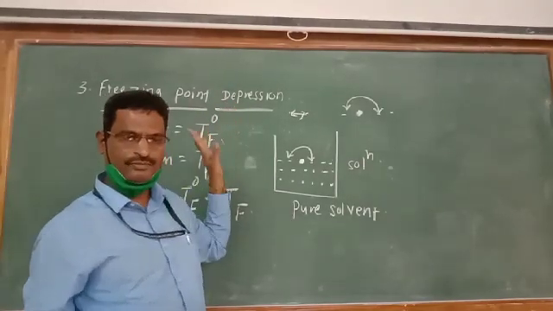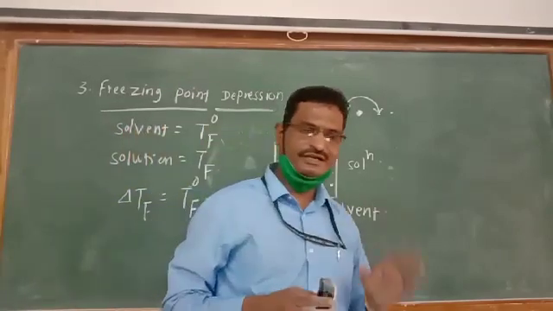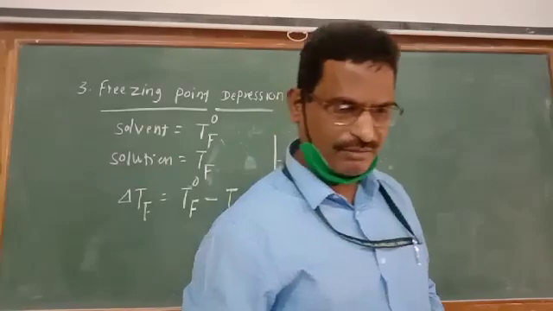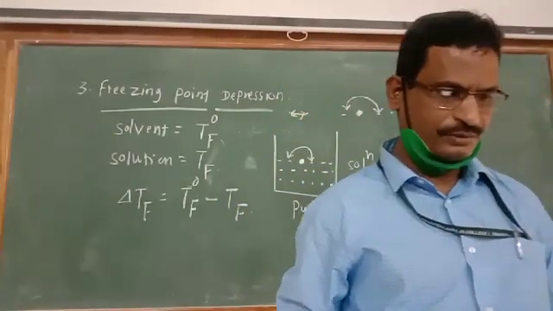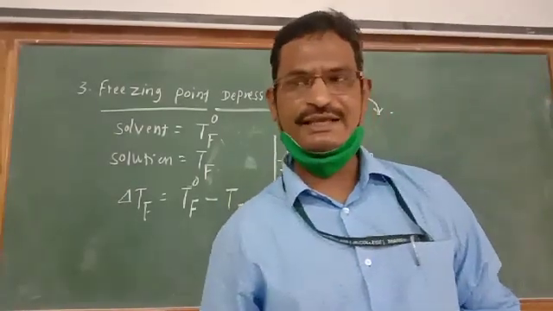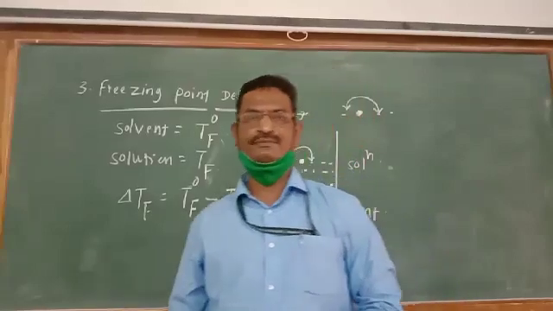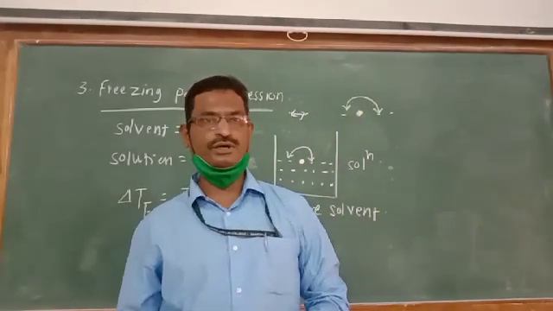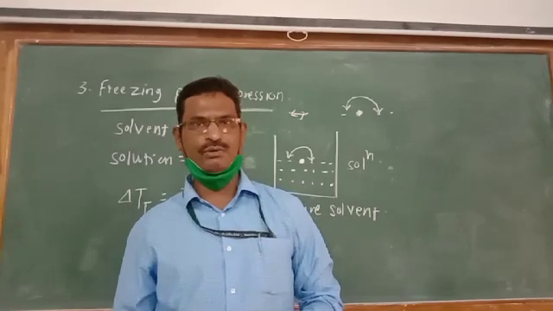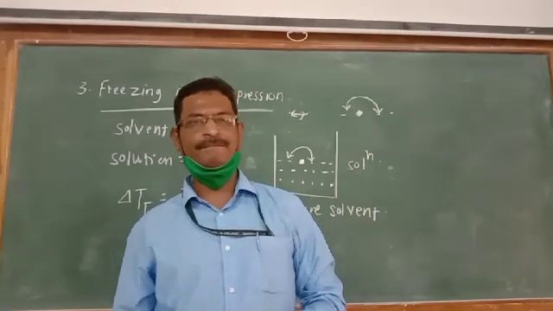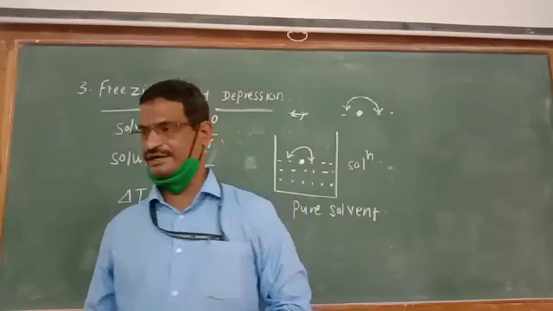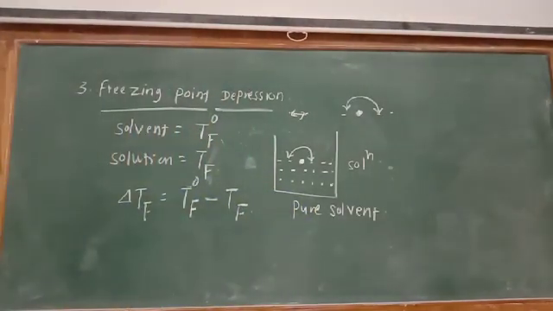And now, this fact, this depression of freezing point, we have to study in order to determine the molar mass of solute. For that purpose, let us see what is the consequence of vapor pressure of solution and vapor pressure of solvent in liquid state or solid state with respect to the freezing point. Now let us see that consequence.